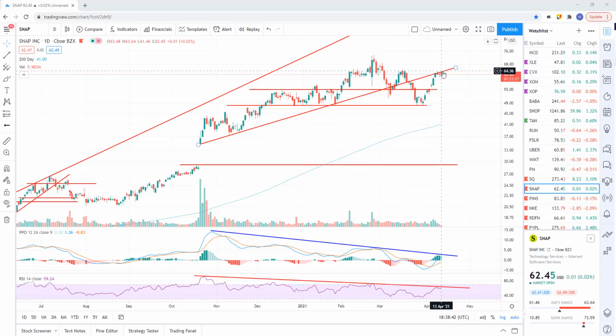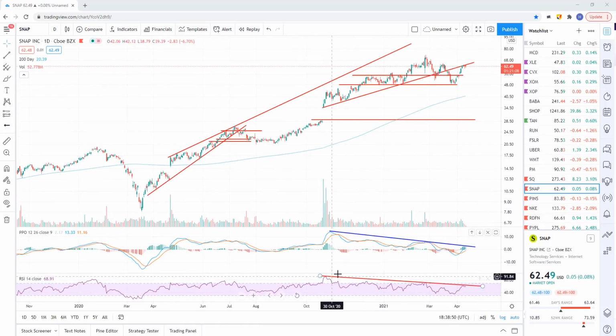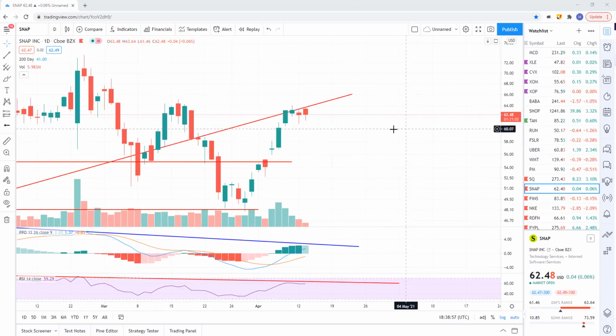I still think there's a high probability we're going to roll over and work our way down to fill this gap at 29.50. You can see the negative divergence is in place. So it's indicating that we're reversing trend to the downside. And again, I don't see any technical indication that that's going to change. If we break this and break to the upside, then yeah, that can change. But as of right now, it's holding.